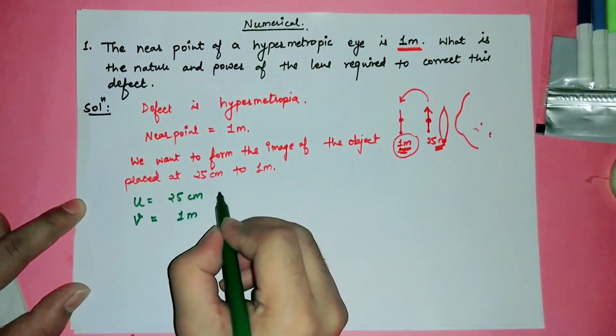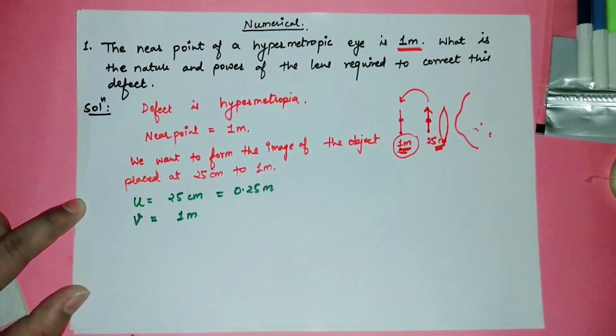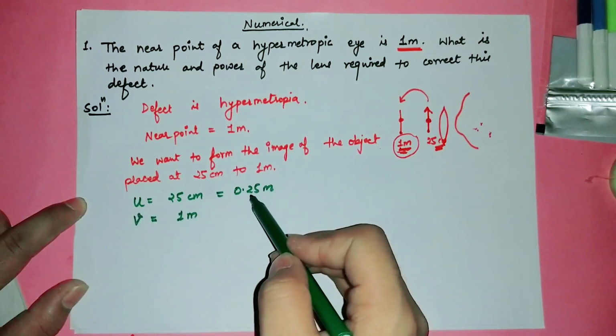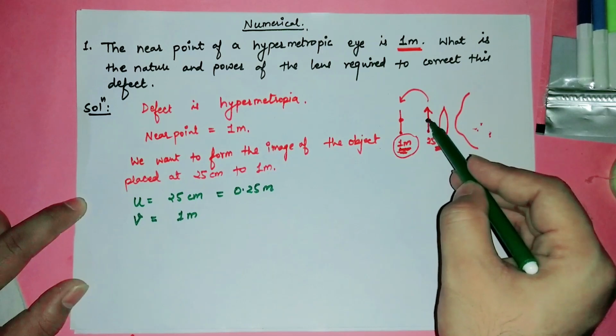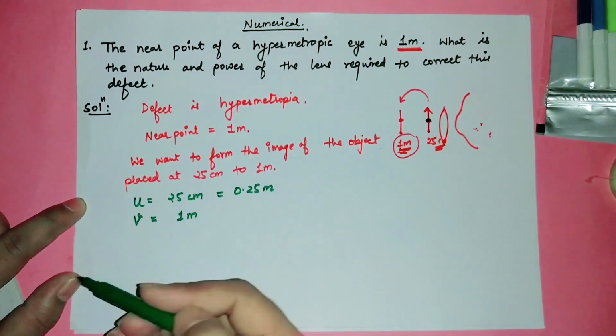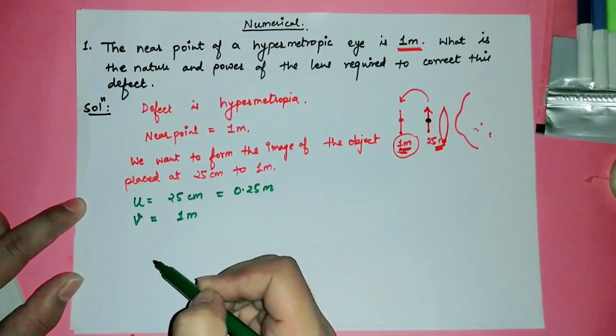This 25 can be written as 0.25 meter, which will be easier for us. I am taking u as 25 centimeters because at 25 centimeters we want to see. So v is 1 meter. Now what should be the focal length of this lens? This we can calculate.